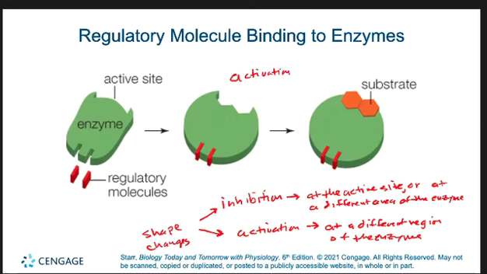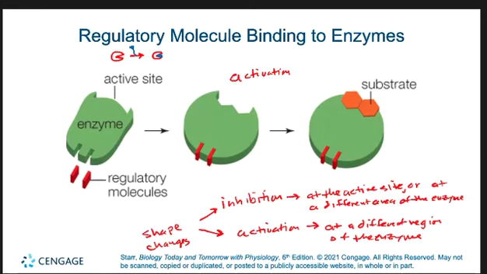Okay, we could have something similar in which you've got an enzyme, a little enzyme, and it's supposed to bind a substrate. Substrate, a different color. Here's the substrate coming in.